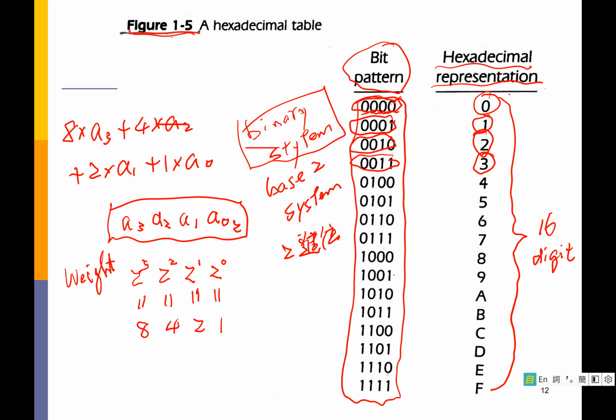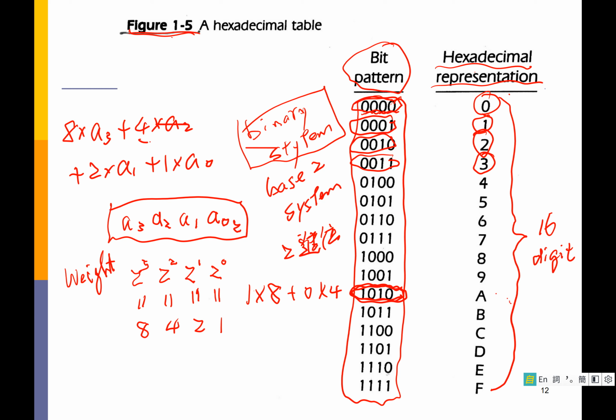Okay, so take this one for example, 1010. To convert into a decimal system, what you should do is 1 times, the leftmost digit, what is its weight? Its weight is 8, plus 0 times 4.